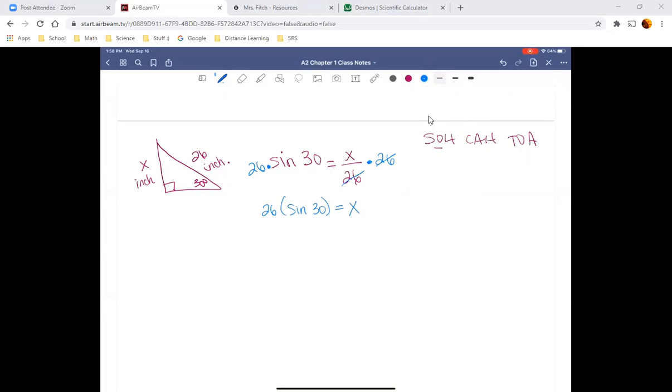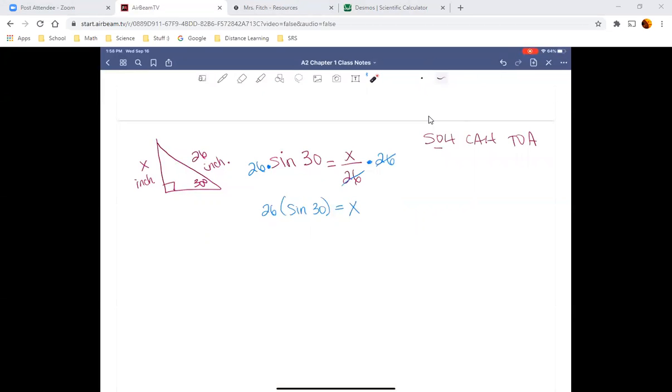So the one thing we got to be careful about is remember that sine of 30, that's one number, right? So this isn't like the sine of 26 times 30. That's a no-no, right? This is a number times 26.